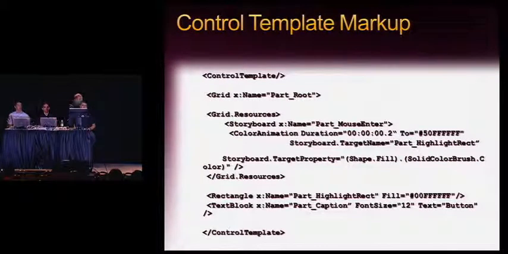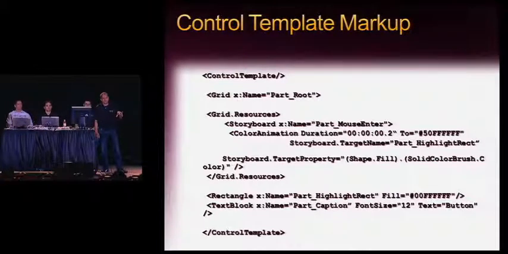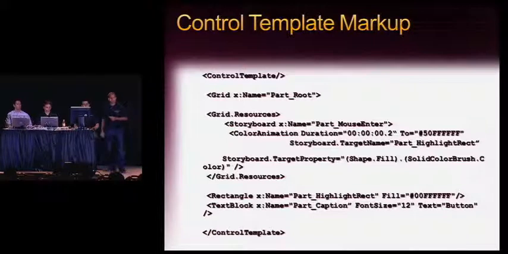I put a little code snippet here of the XAML for a control template. And by just looking at it, this could be a simple button that has two key UI elements, a rectangle and a text block, where the rectangle could be the highlight rectangle, as it's noted there, and a text UI element for its text. Also included there is just a snippet of some resources that could be in the control template.